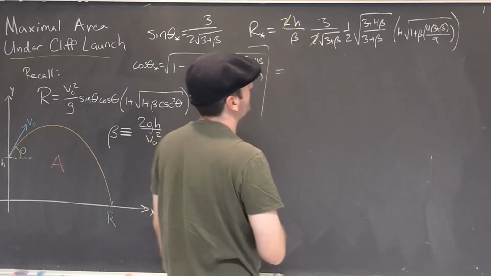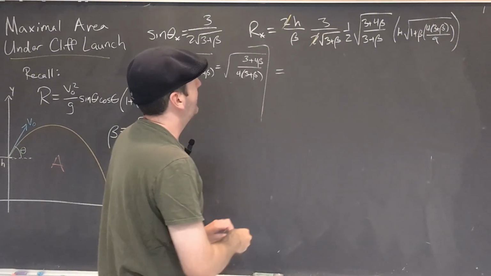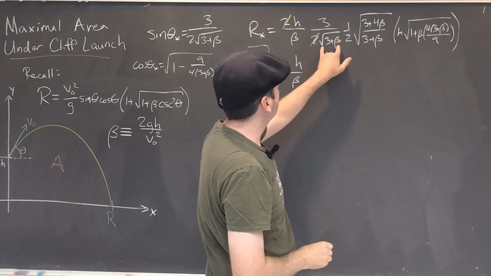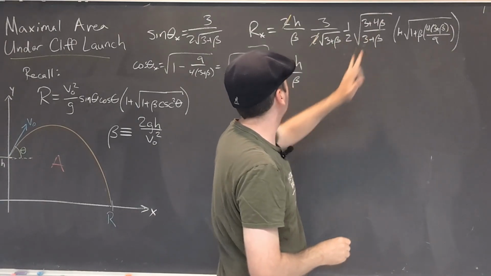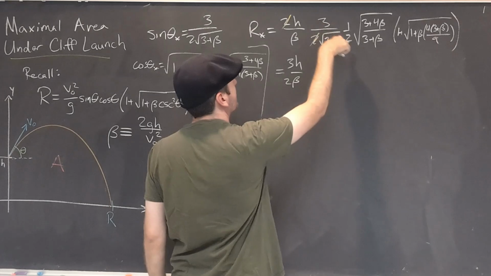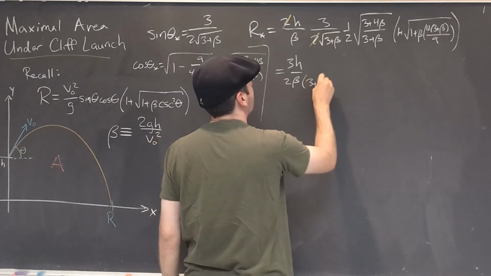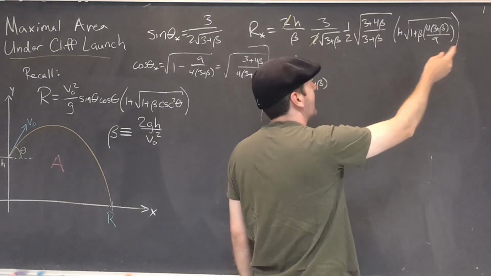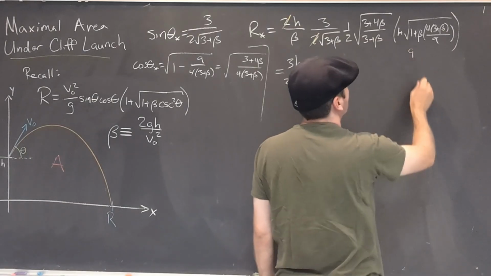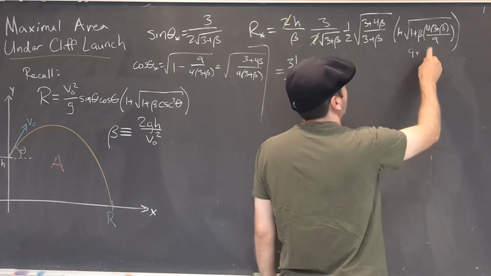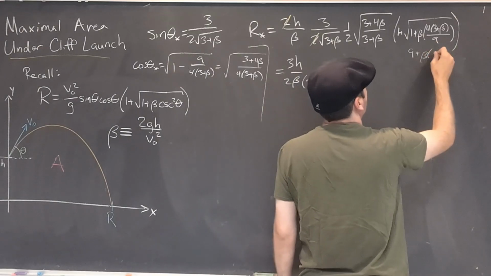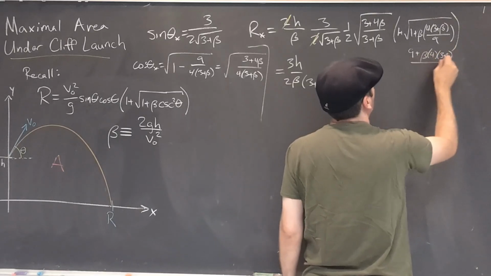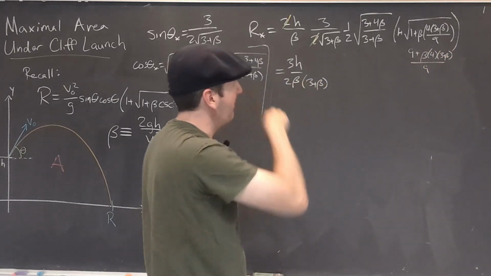We can clean this up. 2 and 2 cancel. We have an h over beta. This root 3 plus beta and this root 3 plus beta are still there. And I might as well put the 3 and the 2 that are left over here. So we have a 3 plus beta. There's still this square root, but let's simplify this first. So again, common denominator, I'll have a 9 plus beta times 4 times 3 plus beta all over 9.